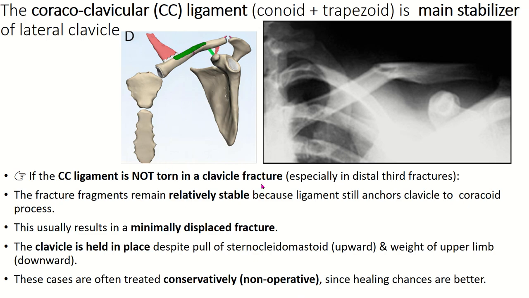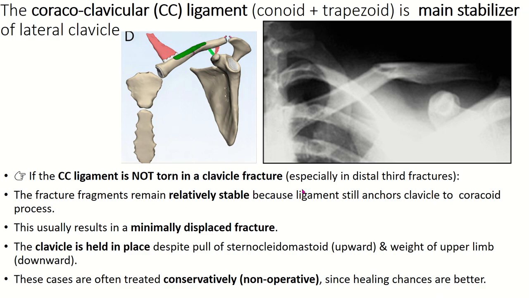The coracoclavicular ligament is not torn in some clavicular fractures. The fracture fragments remain relatively stable because the ligament still anchors the clavicle to the coracoid process. This usually results in a minimally displaced fracture.